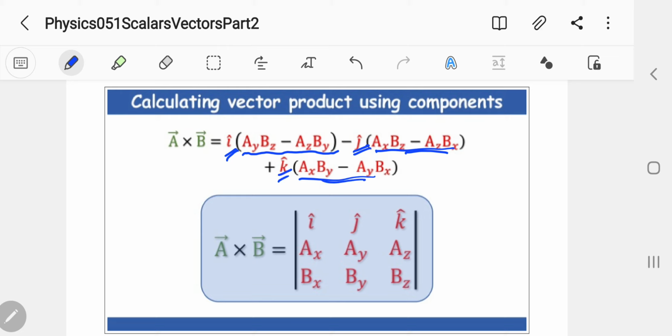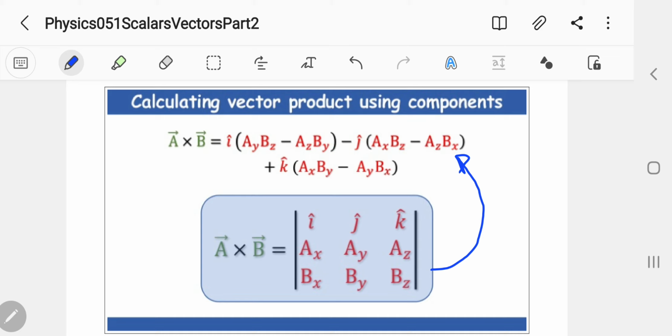If you write it in matrix form, it's equal to this. The determinant of this matrix is equal to this expression.